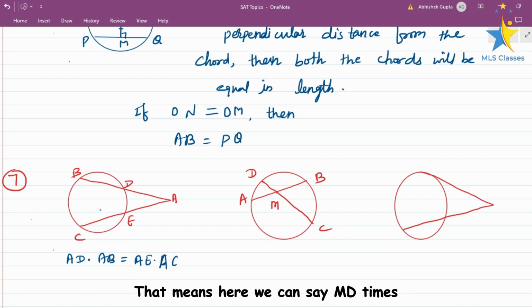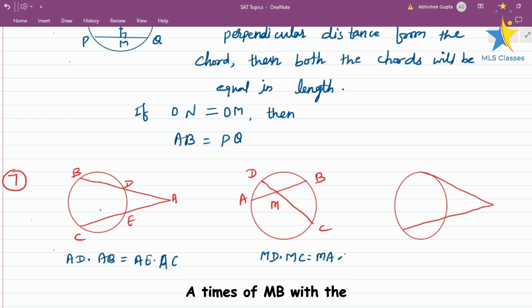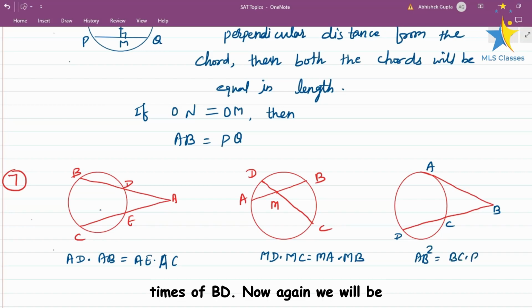That means here we can say MD times MC will be equal to MA times MB. In the third one, suppose these are A, B, C and D. Then we can say that AB square will be equal to BC times BD.